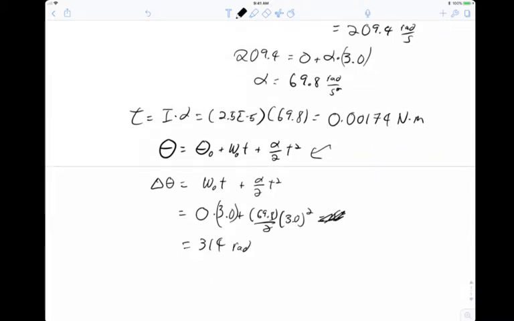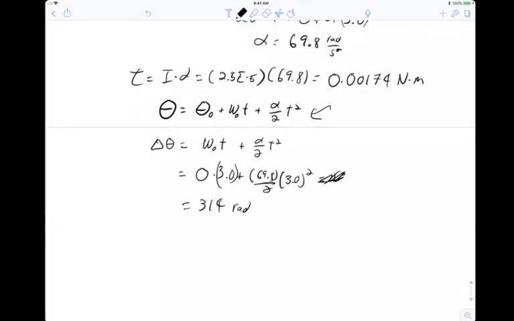That's how far it goes around. Let's find revolutions by taking this angle and dividing it by 2 pi. Oh, hey, look, it's 50. It goes around 50 times.